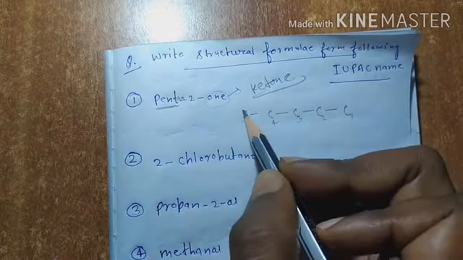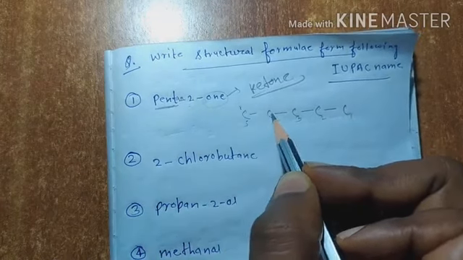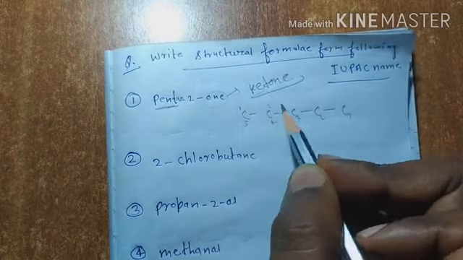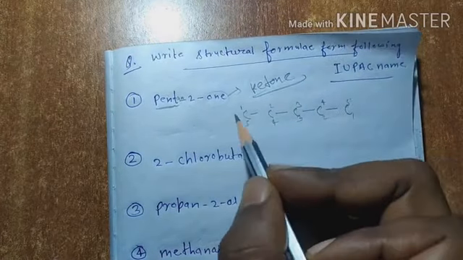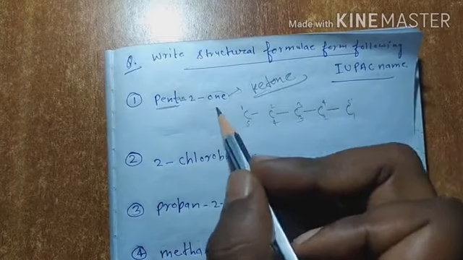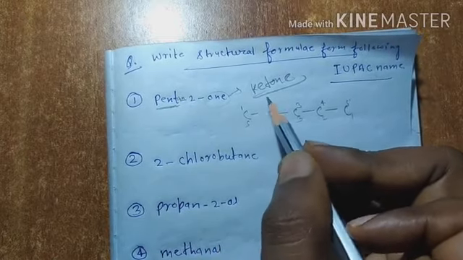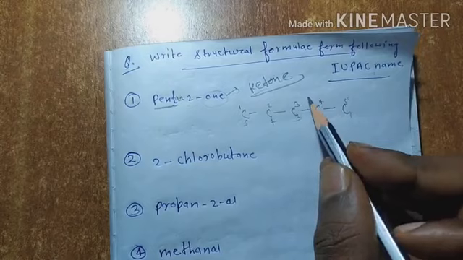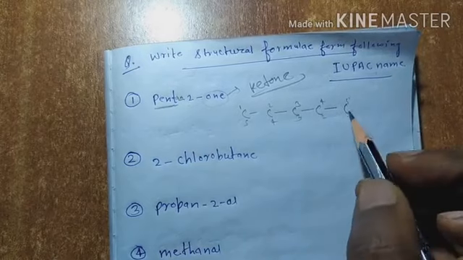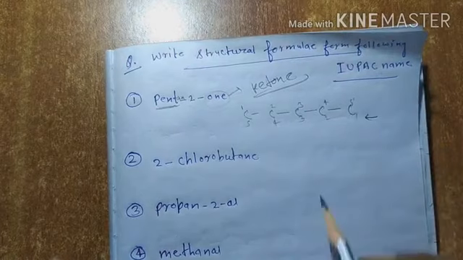But if we number from the other side, the functional group will come on the other carbon. So both will be correct. Okay, so I am taking from this one, and I will erase this one.